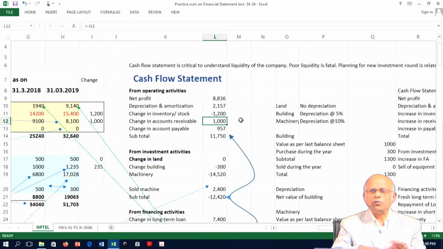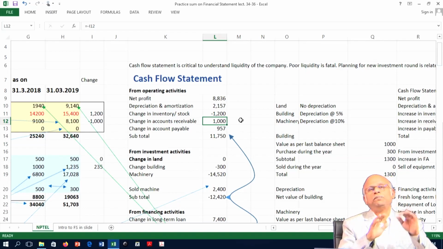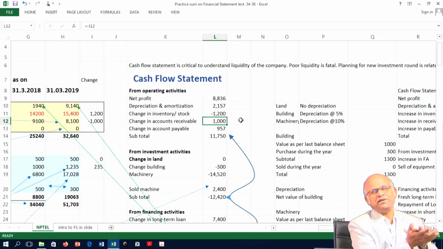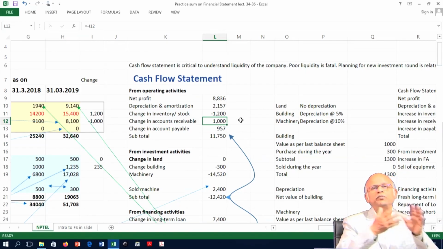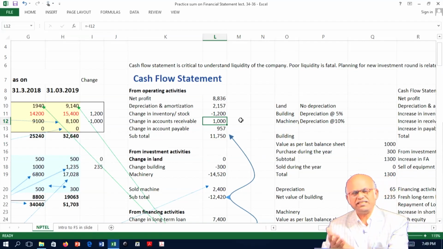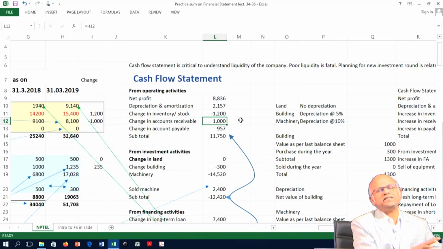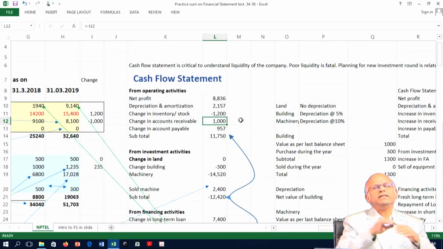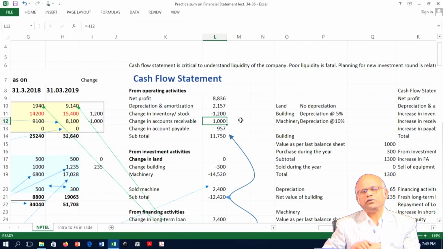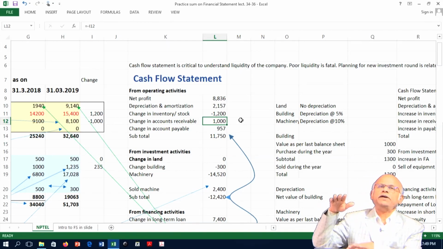Now, do not worry about individual transactions, but think of the position as at the end of the business last year and the position as at the end of the business this year. If there is a difference in receivable, last year suppose receivable was 10,000, this year suppose receivable is 12,000, that means receivable has gone up by 2,000.